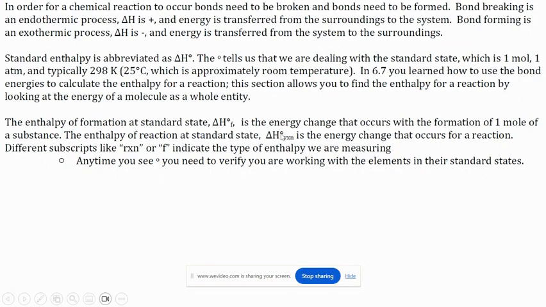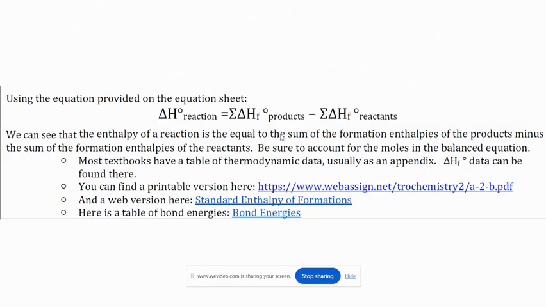All right. So when we do these equations, and these equations are going to come back to you in several different forms. This isn't just for delta H. We will eventually get to delta G, and we will get to delta S as well. And it's the same concept. It's just different stuff that we're putting in there. Okay.